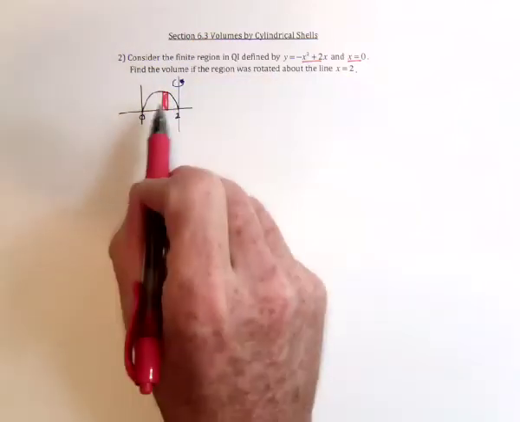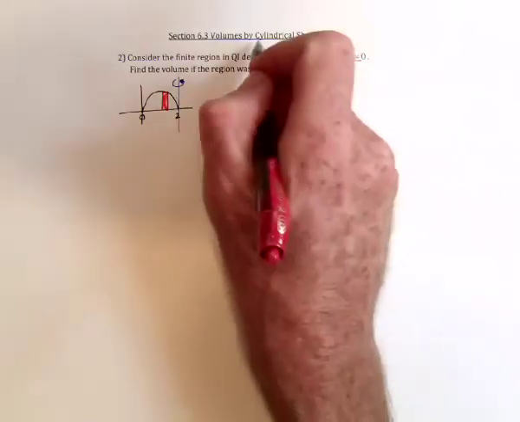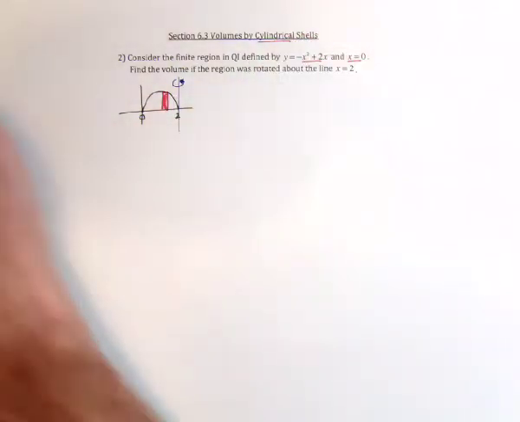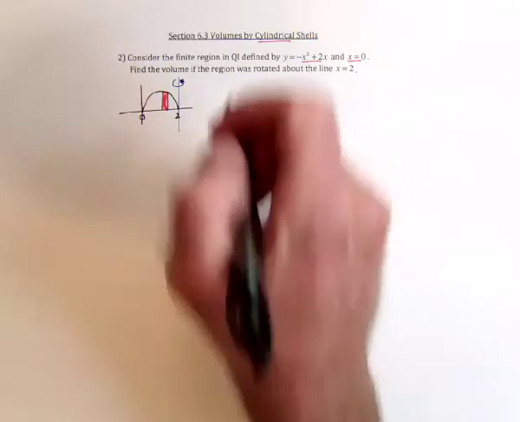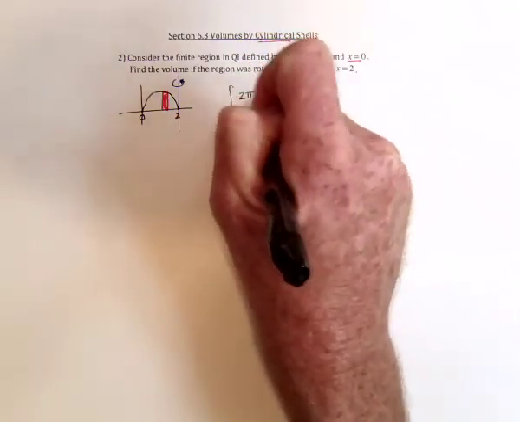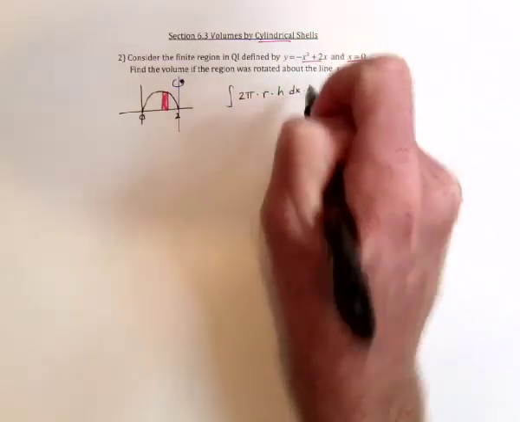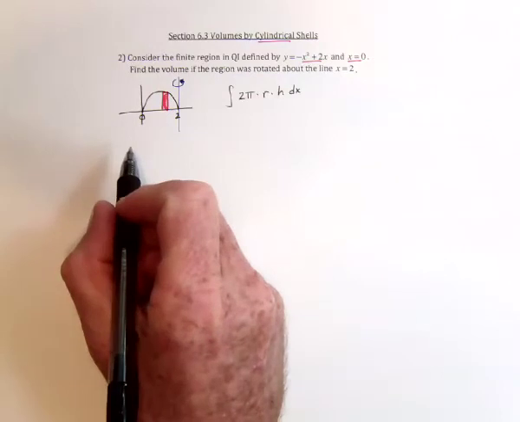And because this representative rectangle is parallel to the axis of rotation, I know that I'm going to be using the cylindrical shell method. And so the general idea for that is integrate 2 pi times the radius times the height with respect to, in this case, x going from 0 to 2.